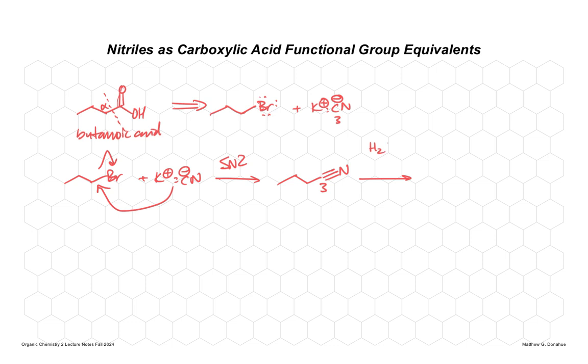So you need pretty strong acid, water, and then usually the boiling point of water. So you're heating it pretty hot. So that will hydrolyze the nitrile to the acid.